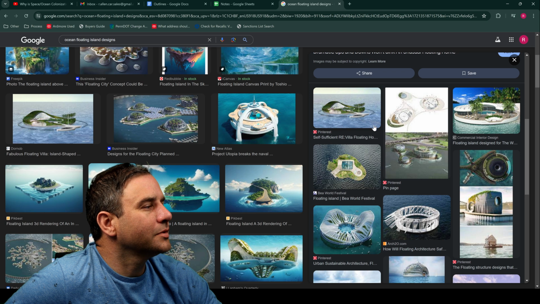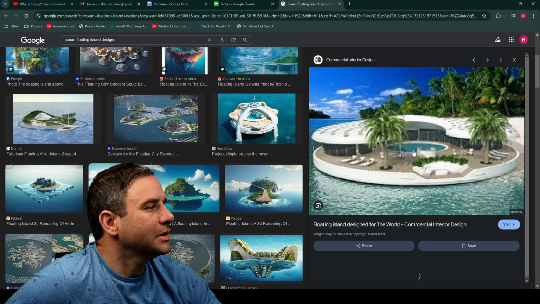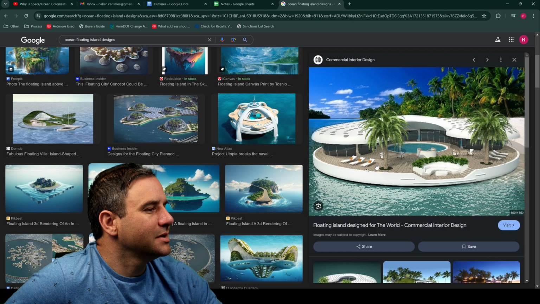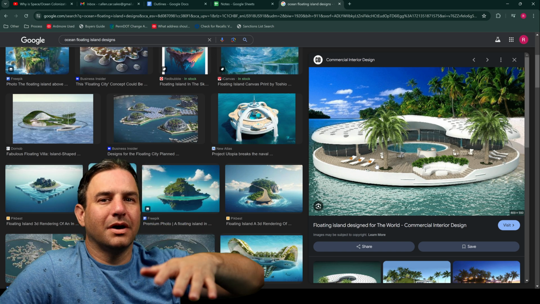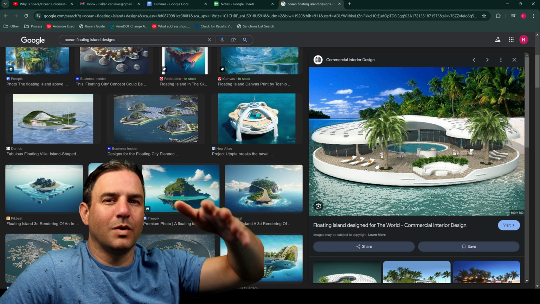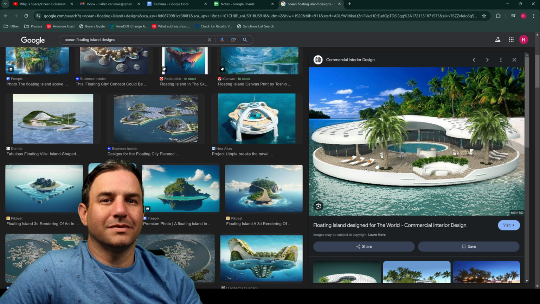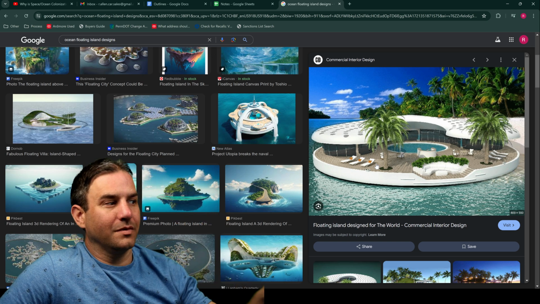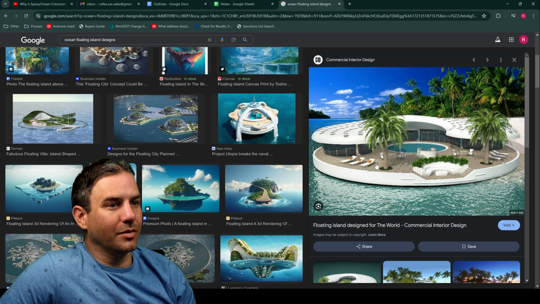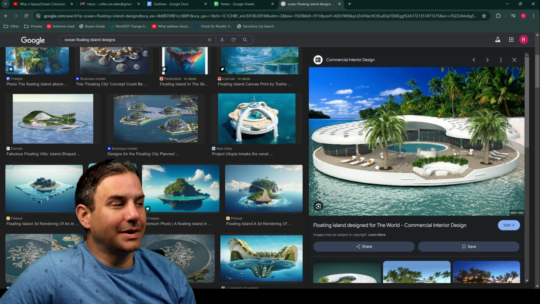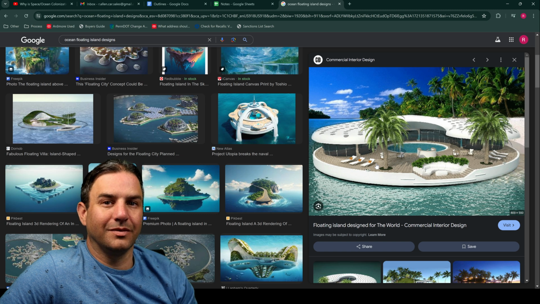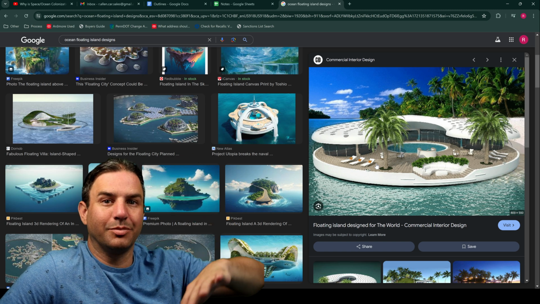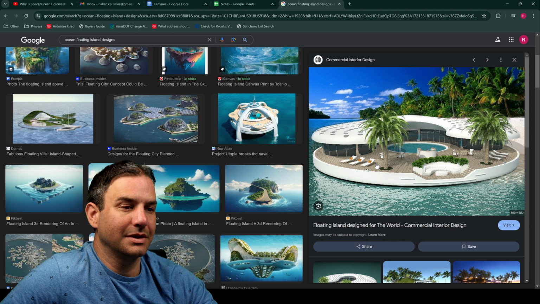The trouble with these surface floating designs is that they really do have a lot of wave motion. They look pretty on the computer screen, but in reality these things are going to be affected by constant waves.